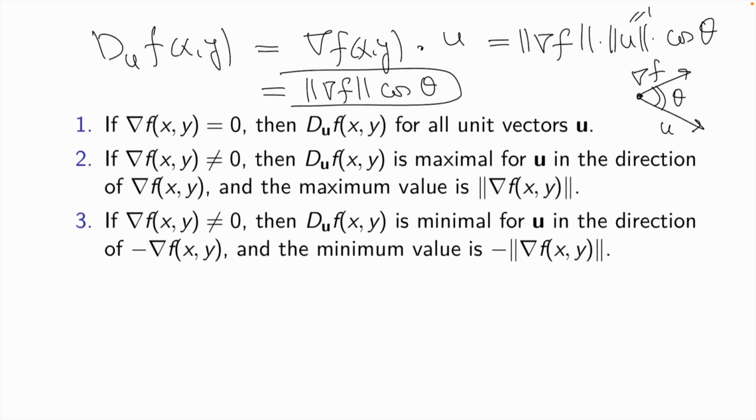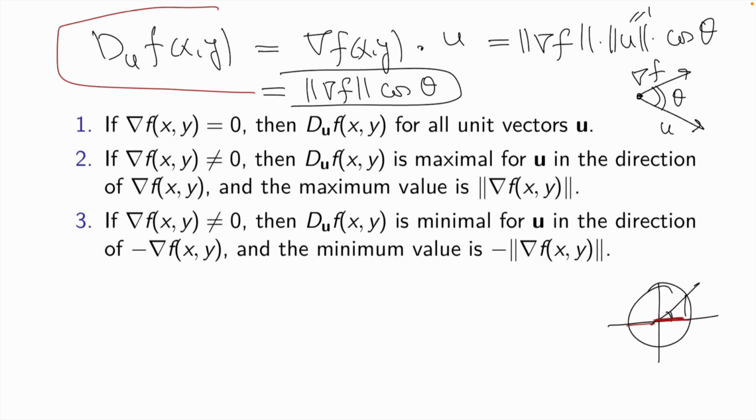We also know what the angle is when the cosine is 1. In a trigonometric circle, this is the sine and this is the cosine. The cosine equals 1 exactly when the angle is 0, and -1 when the angle is 180. So we can study when this derivative is going to be maximal, I mean, when the rate of change of the function is the maximal possible.